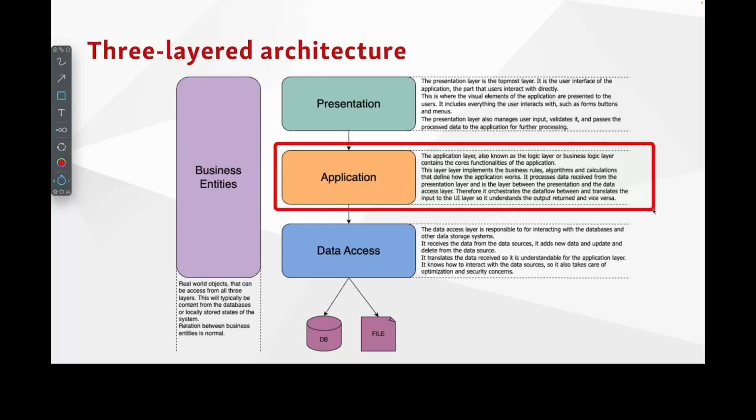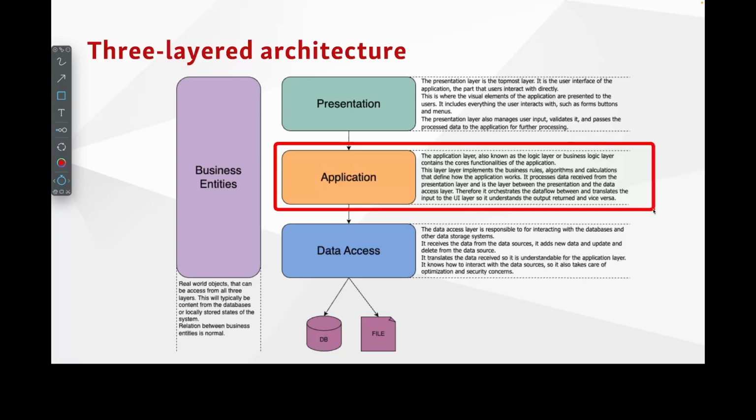That is our core functionality. The layer implements the business rules, algorithms, calculations, and so on. But it is also a middleware between the presentation layer and the data access layer. I will talk about the data access layer in a moment, but it is a middleware between these two.